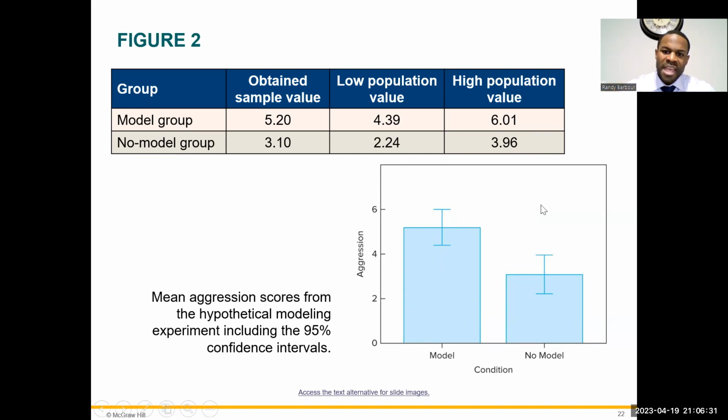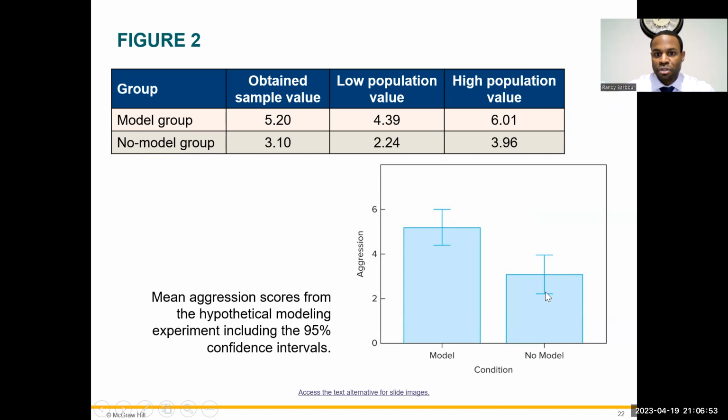So in this bar graph, you've got your bar that is going to be hitting at 5.20. This lower bound right here is the 4.39 for the model group, and this is the 6.01 at the top here for the model group. And then for the no model group, it is again that 3.10.